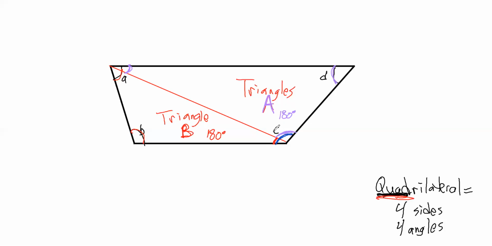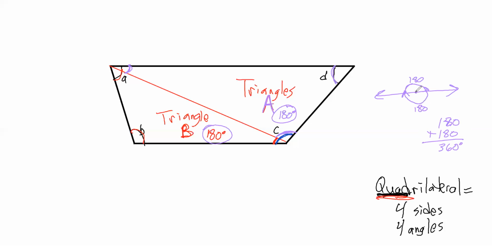So we know that 180 plus 180, if you have a straight line and add another straight line, is 360 degrees.